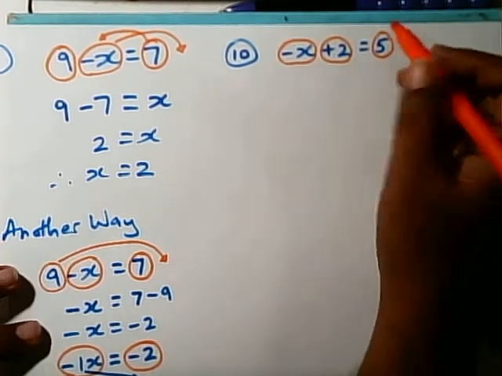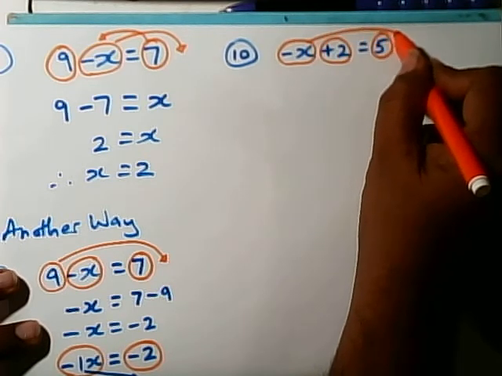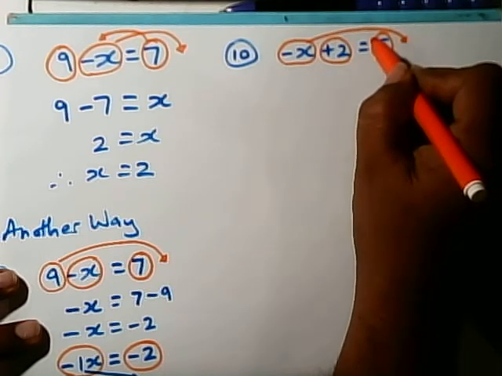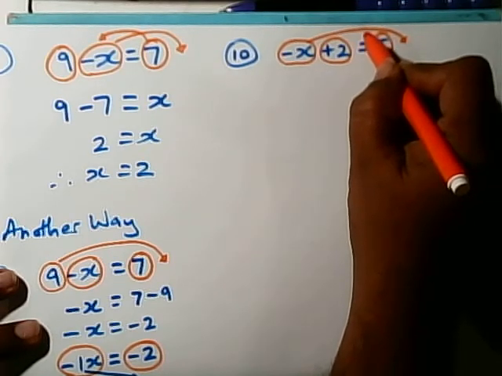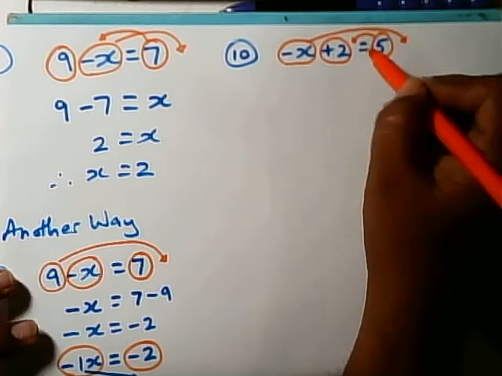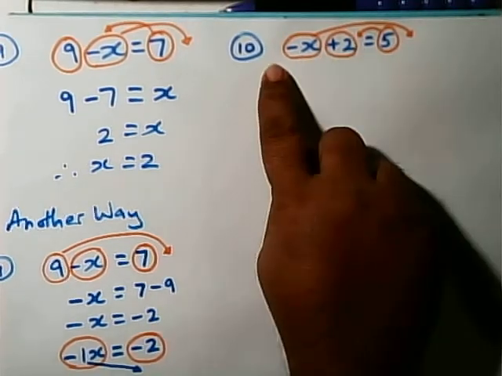This is how I would have done it. I would have taken the minus x, carried it across and made it a positive x. And I would take the 5 and carry it across. And that 2 would have shifted across.